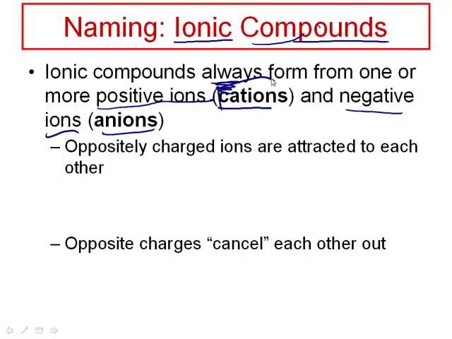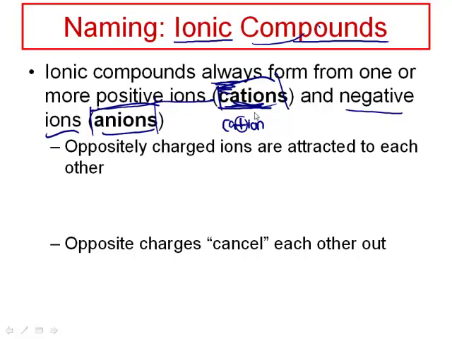These words, cation and anion, are important vocabulary words you guys should know when we get back to school. The way that my chemistry teacher taught me is we look at this term cation. We can write it with a little positive sign in there, so the t is like a little positive sign. We know the cations are positive. It's kind of a silly way to remember it, but it works for me.